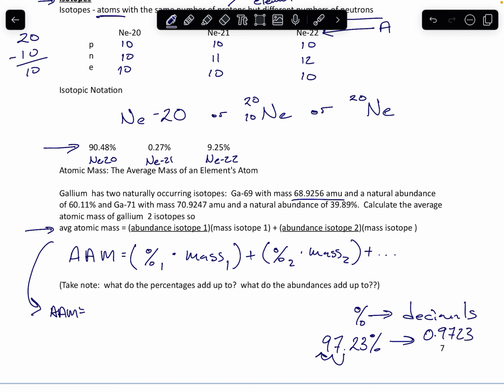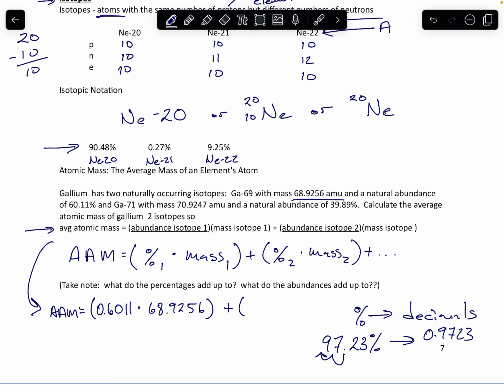My average atomic mass equals the percentage. I'm going to convert that into decimal form, so 0.6011 times, I'm going to use that big long mass, 68.9256. So there's isotope number 1.